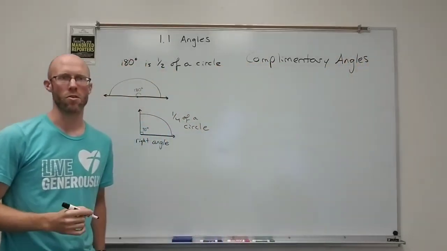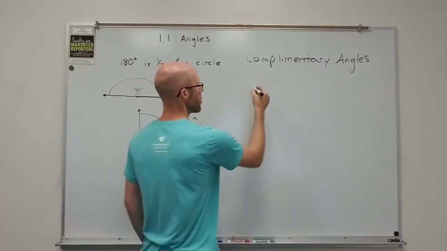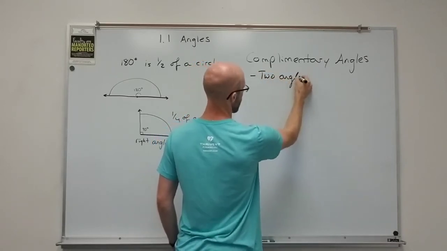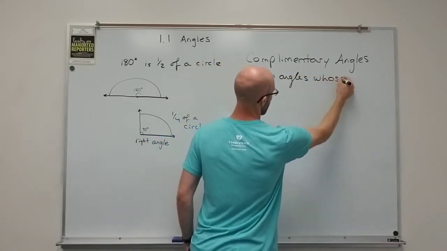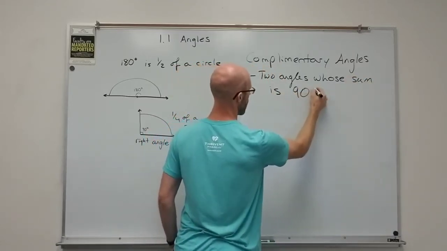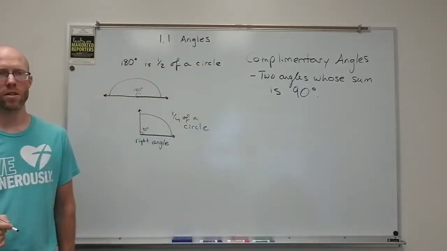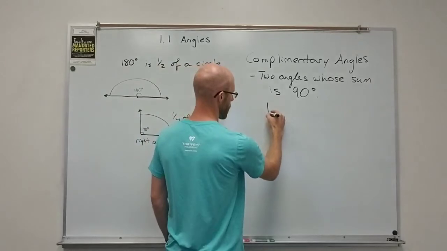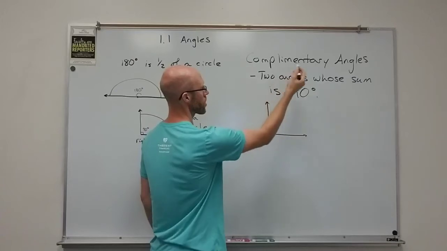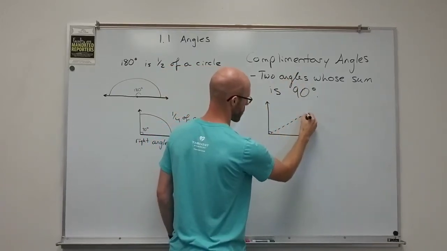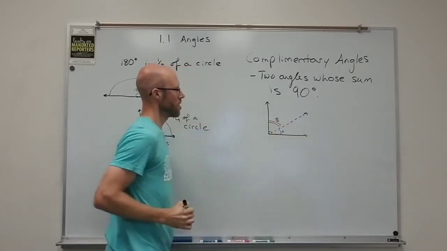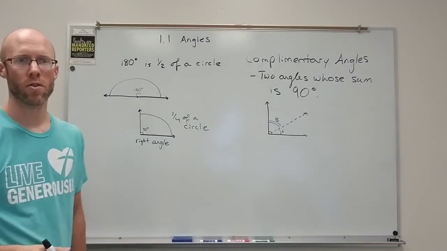So complementary angles are two angles that add up to 90 degrees, two angles whose sum is 90 degrees. So you can imagine if you had a 90 degree angle here, then two complementary angles are going to be two angles like this angle A and this angle B that add up to the 90 degrees.